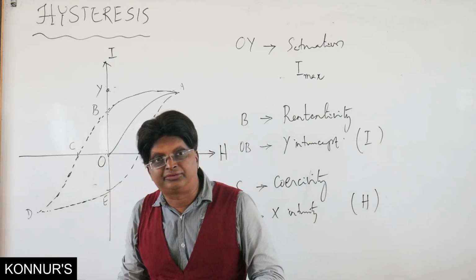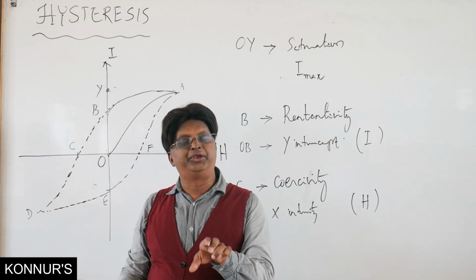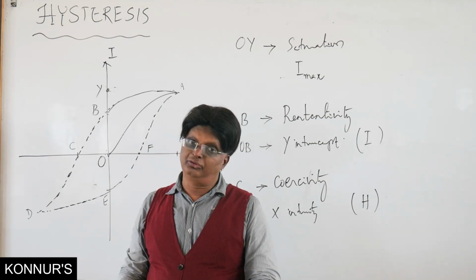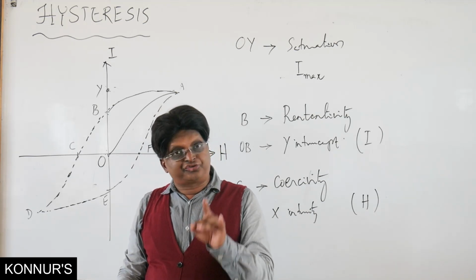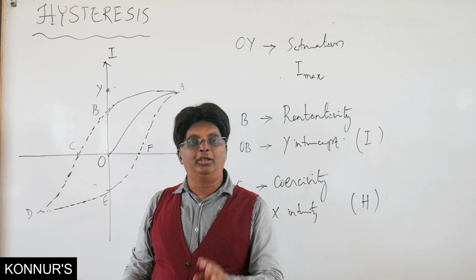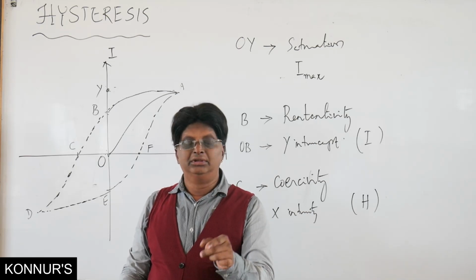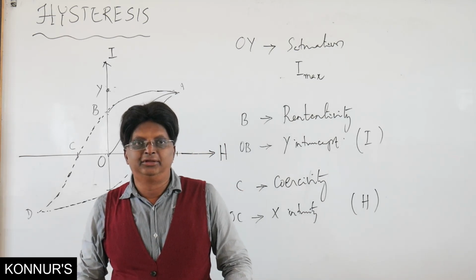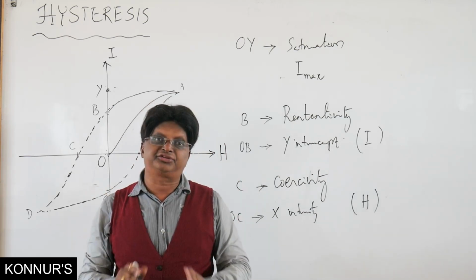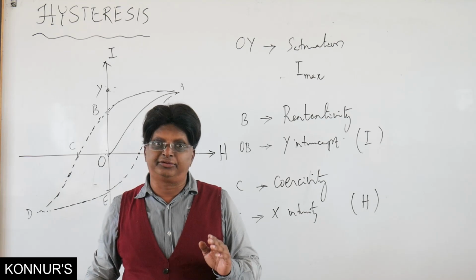In such cases, what type of core material do we have to use so that the loss of energy is minimum? So in the choice of the materials, along with the mu r values, the important parameters are retentivity and coercivity. So this is a complete discussion of hysteresis and hysteresis laws.